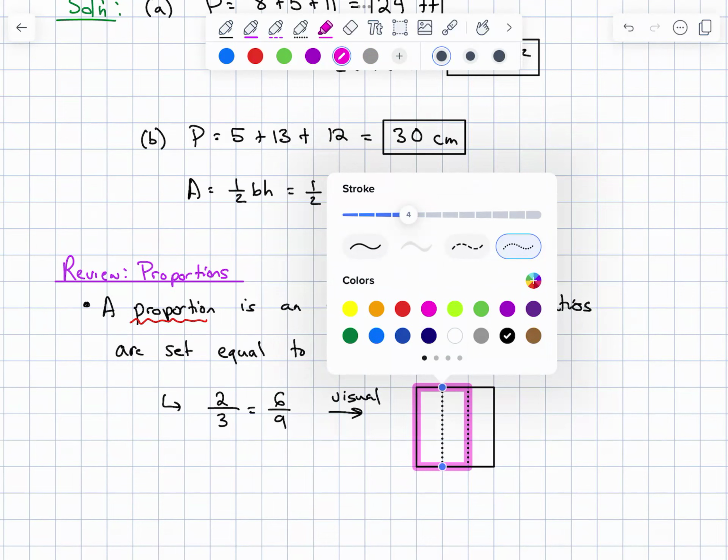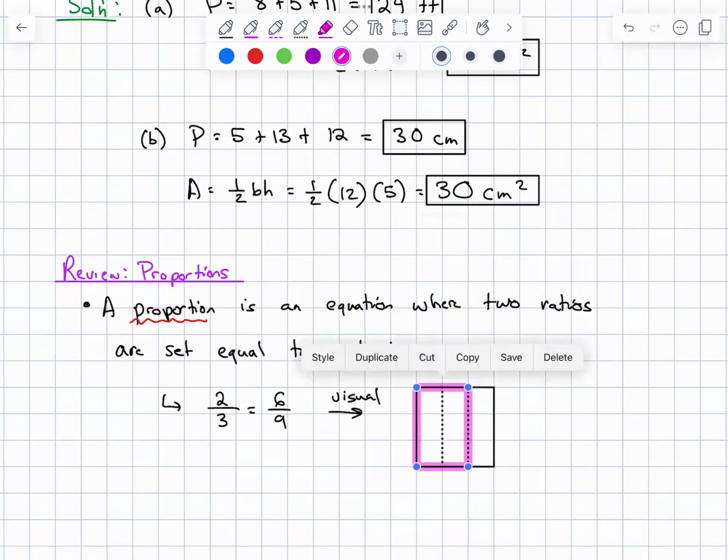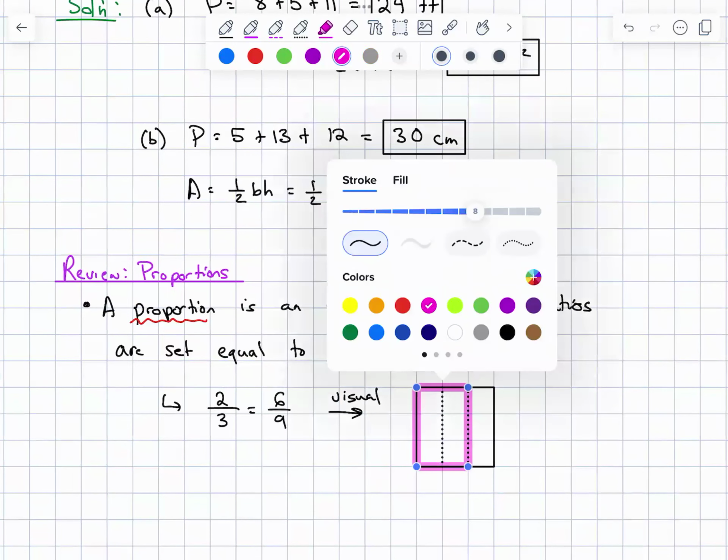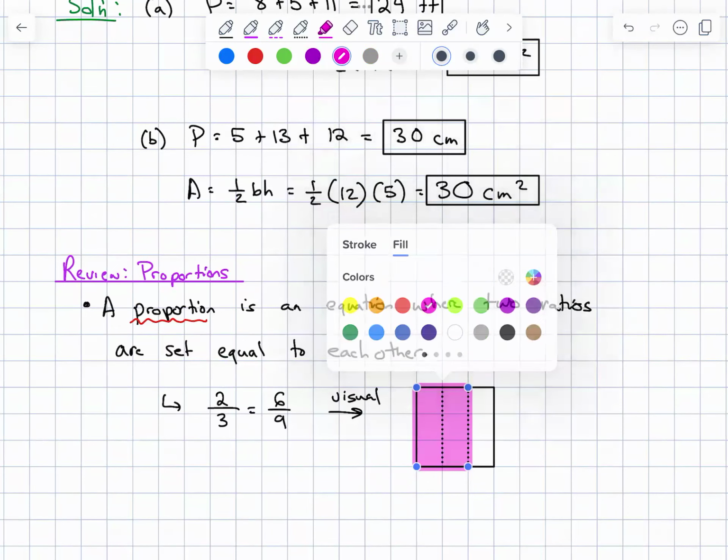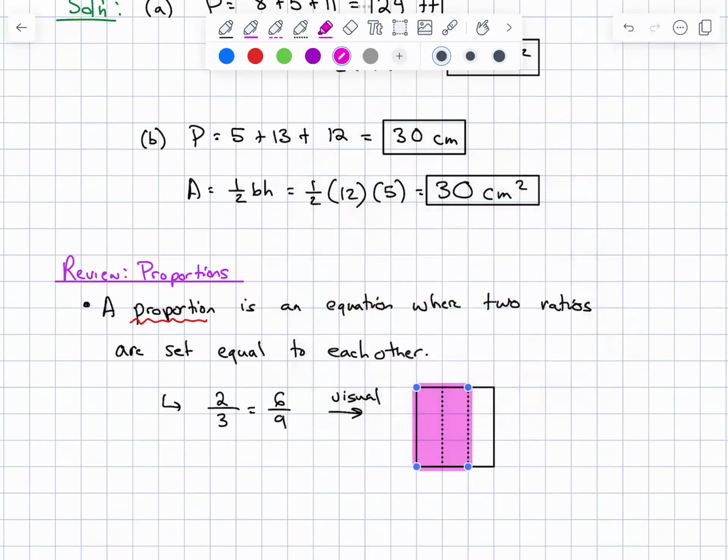There we go. So that is 2/3 of a whole, right?